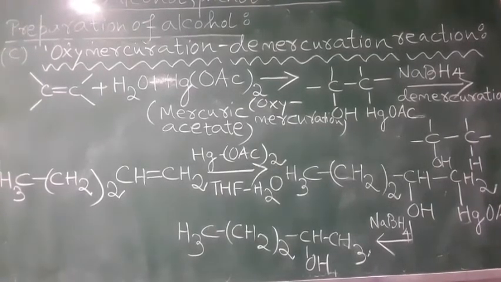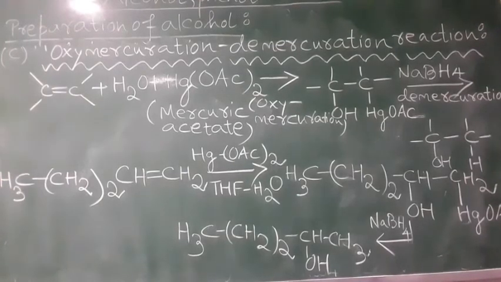Alkenes react with mercuric acetate, the formula of which is (CH3COO)2Hg, in the presence of water to form hydroxymercurial adducts, which upon reduction with sodium borohydride in alkaline medium give alcohols.